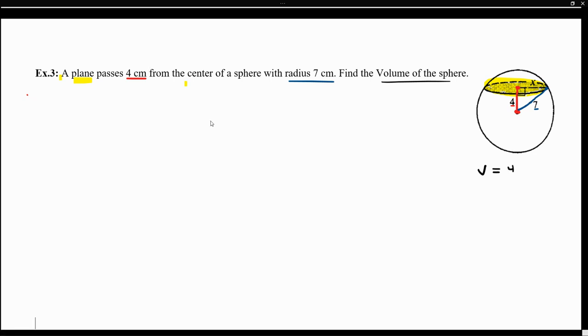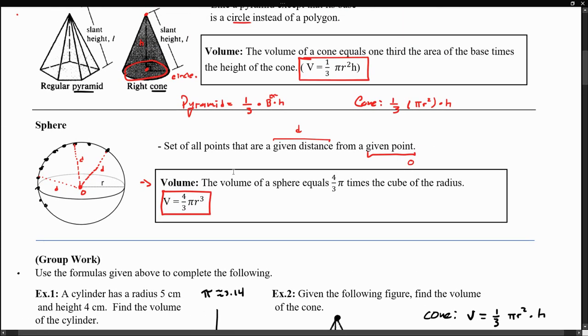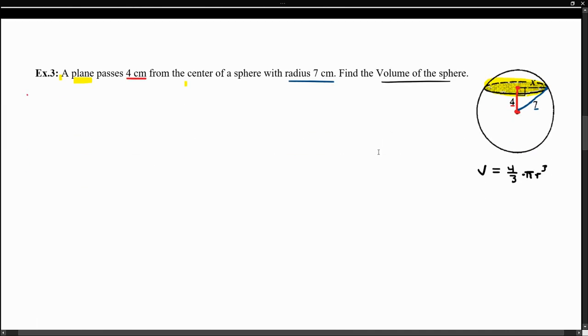So let's recall what the volume of a sphere is. The volume of a sphere is equivalent to 4 over 3 times pi times r cubed. So with all this information, how exactly can we find the volume of a sphere? Well, recall that a sphere is defined as a set of all points that are a given distance from a given point, which in this case, notice that the distance from the center to this point of a sphere is 7 units.